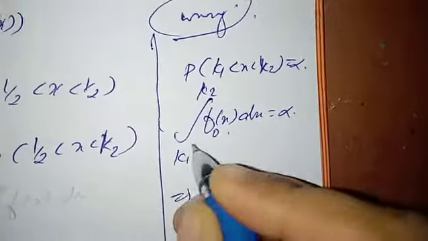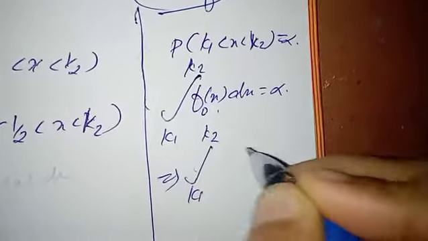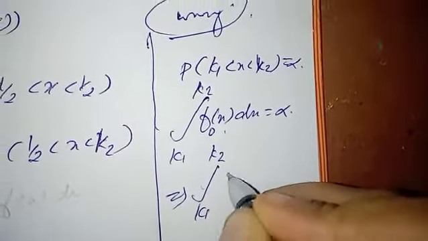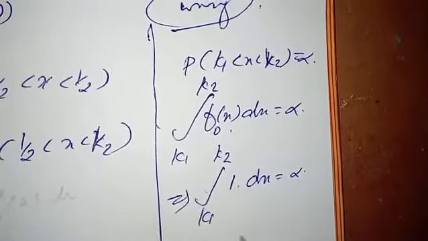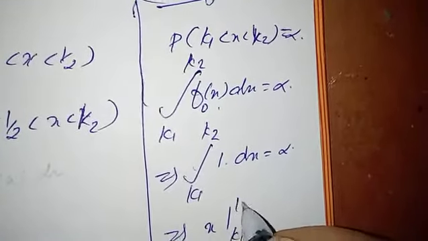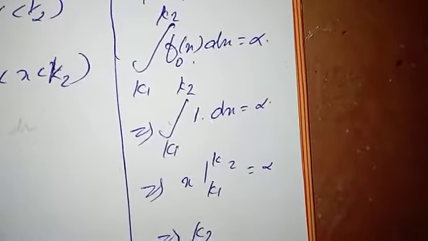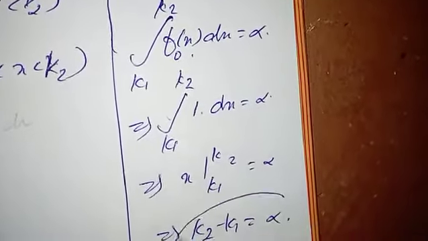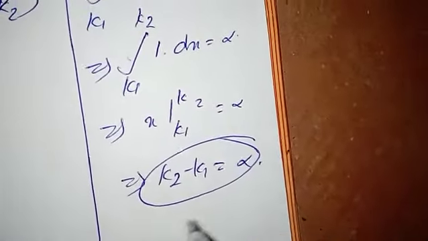Here we have the integral over k1 to k2 of f of x dx equal to alpha under h naught, which implies the integral over k1 to k2 of f naught of x, which is 1, right, dx equal to alpha, which implies x from k1 to k2 equal to alpha, which implies k2 minus k1 equal to alpha. Here we cannot get the values of k1, k2 separately, right?